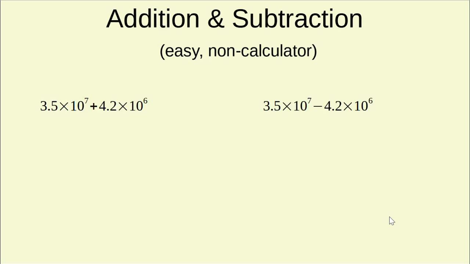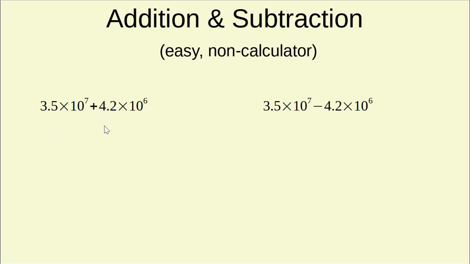So addition and subtraction. These are two easy examples, and to be honest, it doesn't get harder than this. First thing you do is look at the question and make sure the biggest number is on the left. So 3.5 times 10 to the 7 plus 4.2 times 10 to the 6. 10 to the 7 is bigger than 10 to the 6, so make sure that's first.